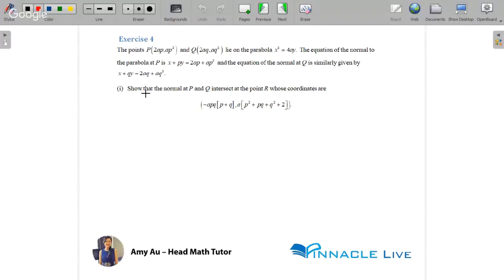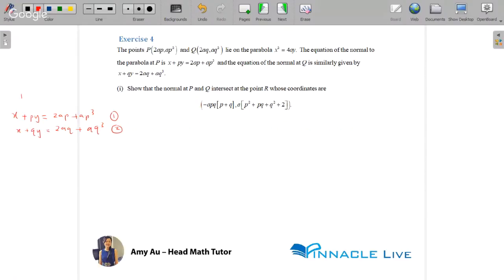I hope this is enough room. All right, so we've got these two equations. So I'm going to solve them simultaneously through elimination.